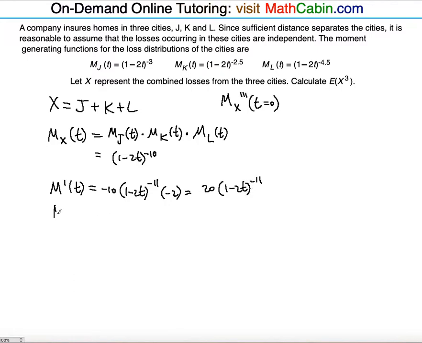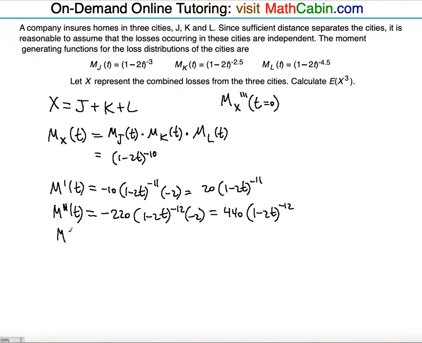The second derivative is going to be the negative 11 multiplied by the 20, so minus 220, and then 1 minus 2t decreases by 1 in power, and then the derivative of the inside, so that's going to be 440 times (1 minus 2t) to the negative 12.